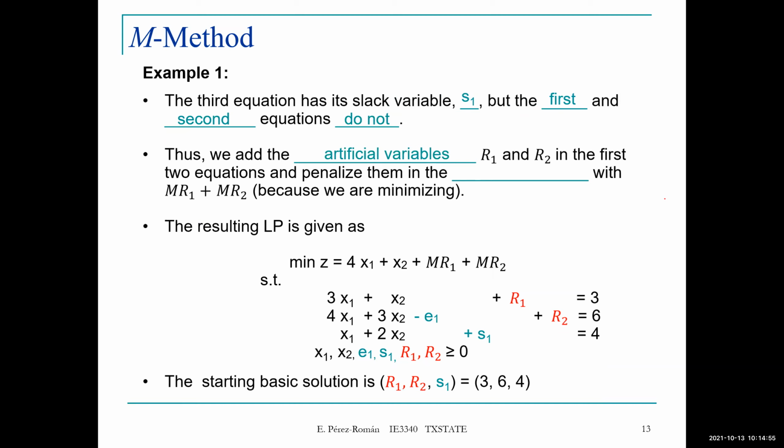Since in this problem you're maximizing, now your M times R will be negative. So if you add an artificial variable to your problem, it has to have a negative coefficient. In your problem, you have a greater-or-equal-to constraint, a less-than-or-equal-to constraint, and an equality. So you're going to need two artificial variables, and those are going to be penalized with a negative sign in the objective function.